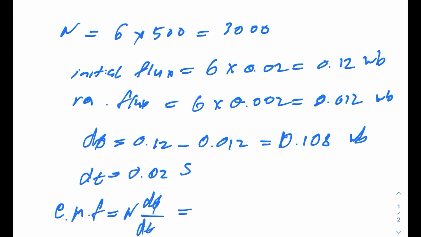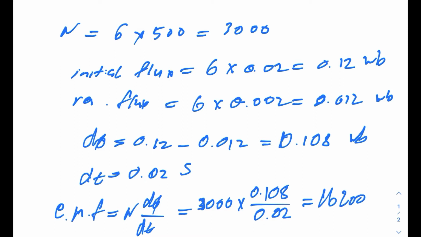So we have the total number of turns, 3000, multiplied by 0.108 over 0.02. The answer will be 16,200 volts. This is the final answer for the problem.